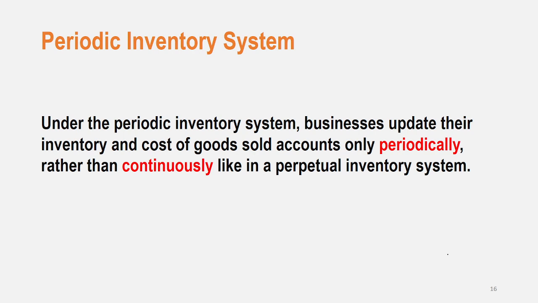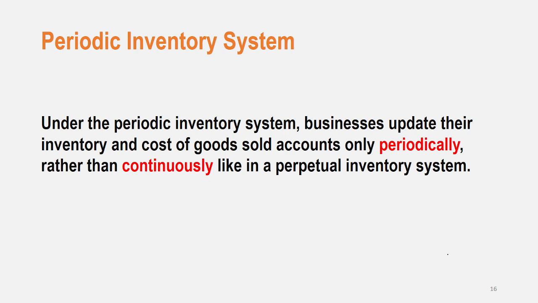Okay, again, in the periodic inventory system, businesses update their inventory and cost of goods sold accounts only periodically, typically at the end of a specific accounting period, such as monthly or annually. Unlike the perpetual inventory system, which tracks inventory levels continuously, businesses using the periodic inventory system conduct physical inventory counts to determine the quantity of goods on hand at the end of accounting periods.